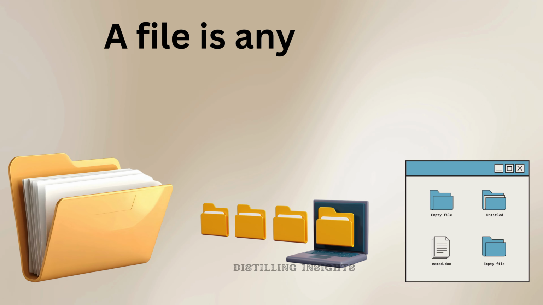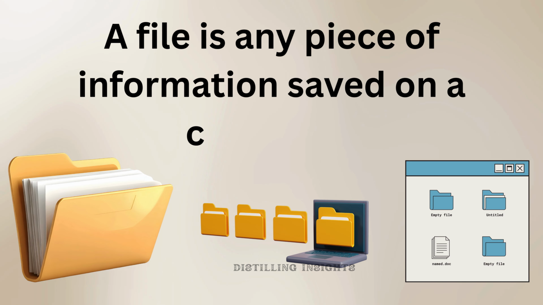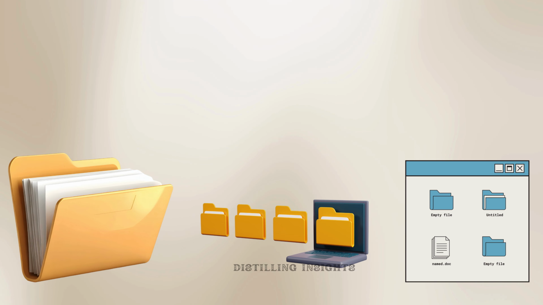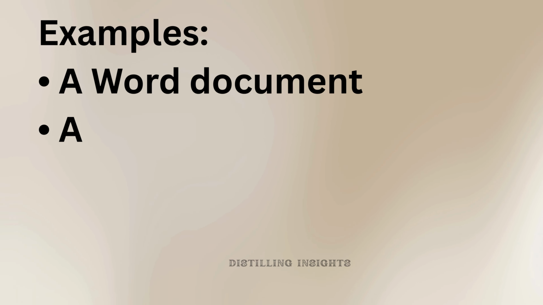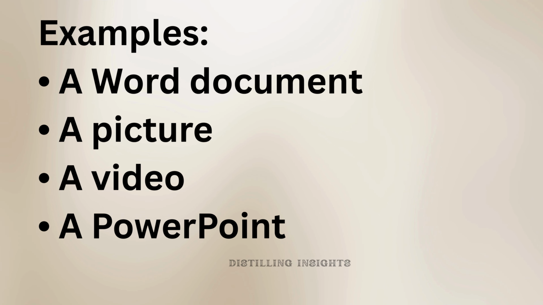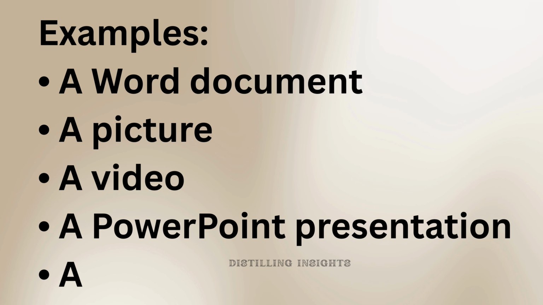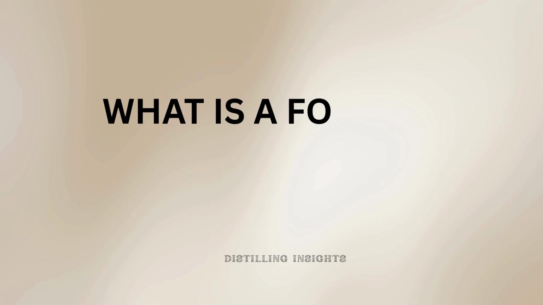Now, I'm going to start with the definition of a file. What is a file? A file is any piece of information that is saved on a computer. Examples are a Word document, a picture, a video, a PowerPoint presentation, a PDF document. Now, what is a folder?